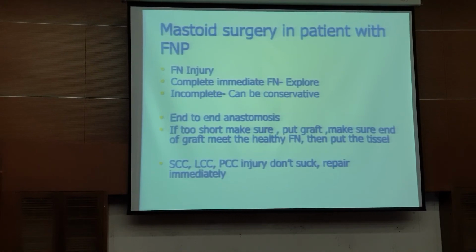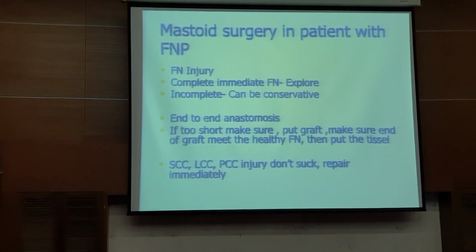Okay, so the difference from iatrogenic facial palsy, in this patient with cholesteatoma or mastoiditis, never do neurolysis. You open up, you remove the cholesteatoma, you leave the part that is exposed to the facial nerve, you remove the rest, and at the end of the procedure, quickly you put the superficial temporalis fascia on the facial nerve.